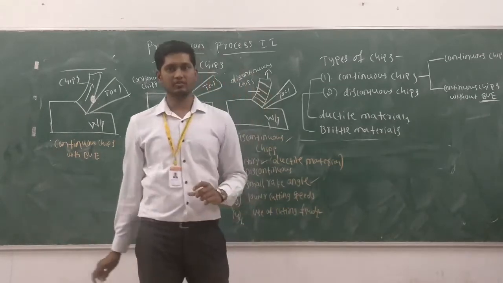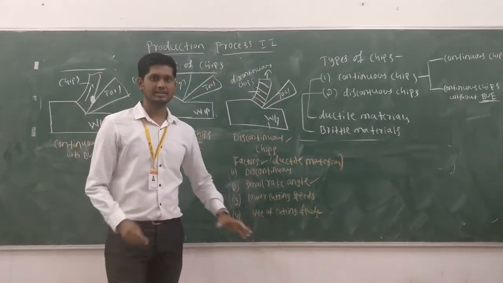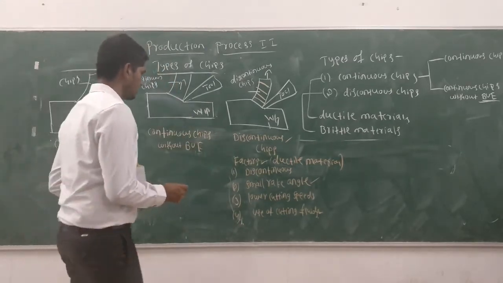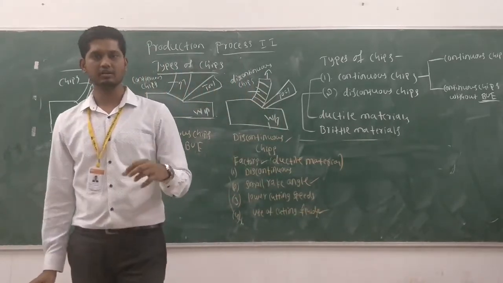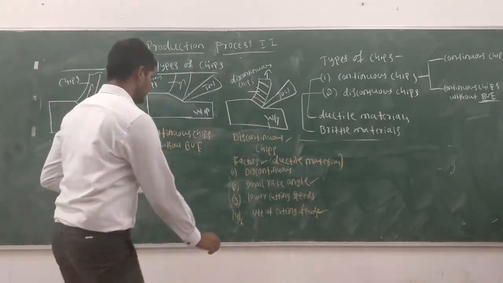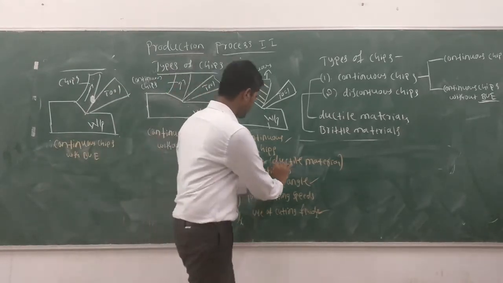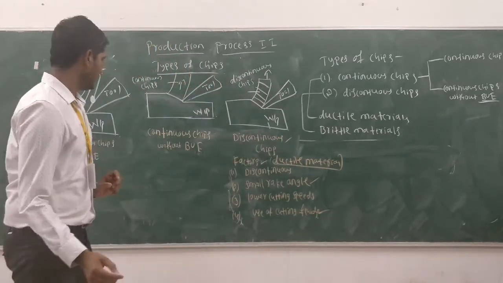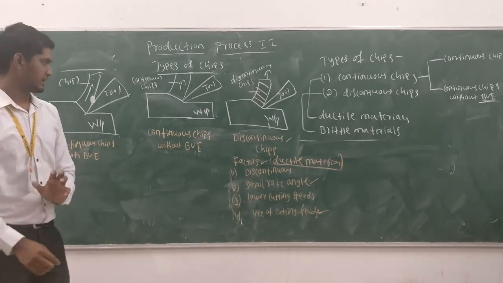As a result, the cracks which are already available on the chips start to widen, and they break and discontinuous chips are formed. So these are the factors responsible for the formation of discontinuous chips when machining ductile material. Now let us focus on continuous chips with the built-up edge.